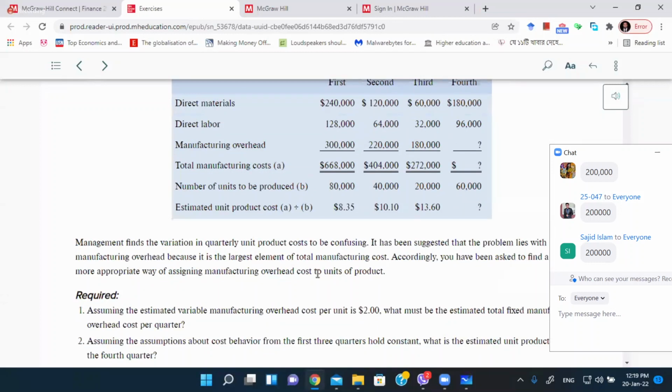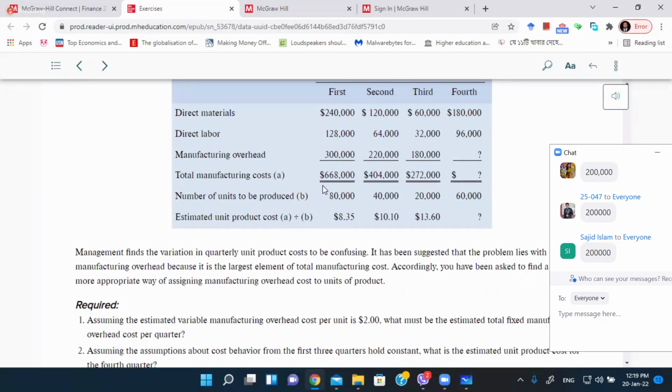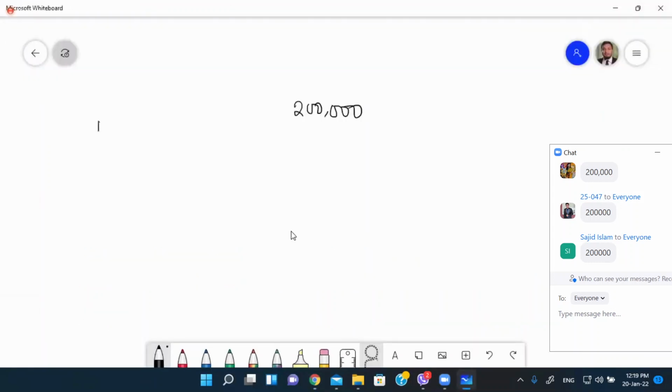That is the idea. So we have the total manufacturing cost. For each quarter, we get fixed manufacturing overhead of 140,000. And for 4 quarters, how much should we have as fixed manufacturing overhead? 560,000. This is the fixed portion of the manufacturing overhead.